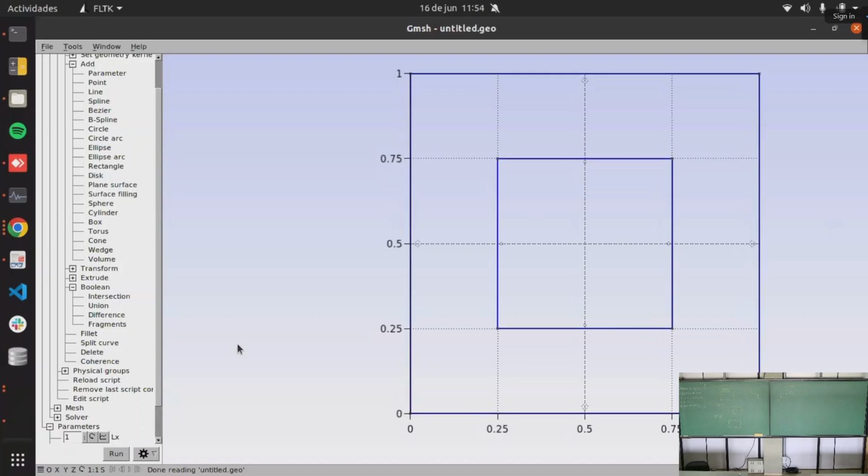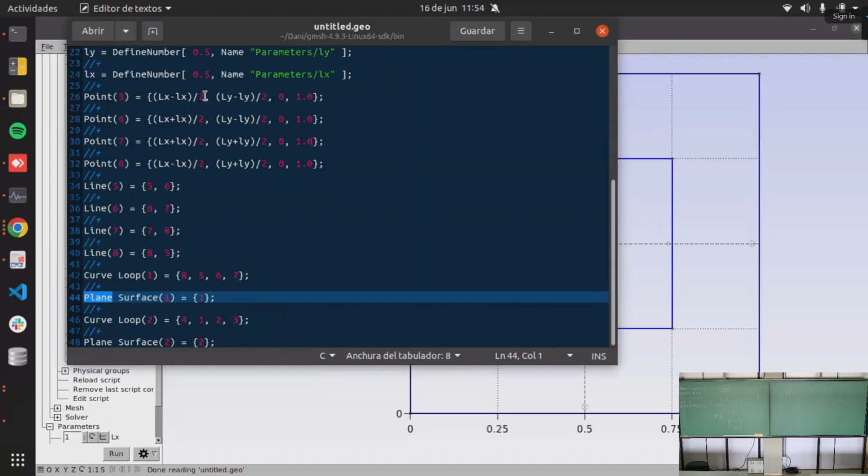For that, I will change the center of the small square to show you better.